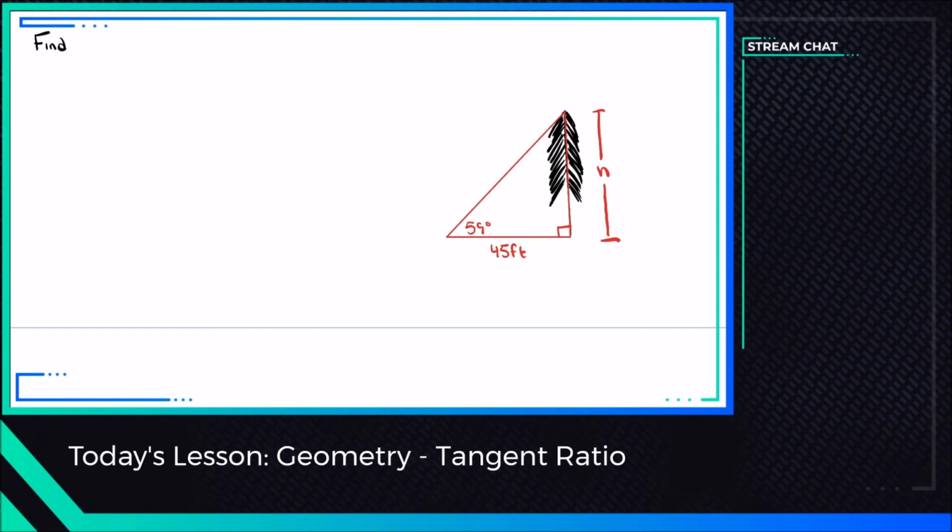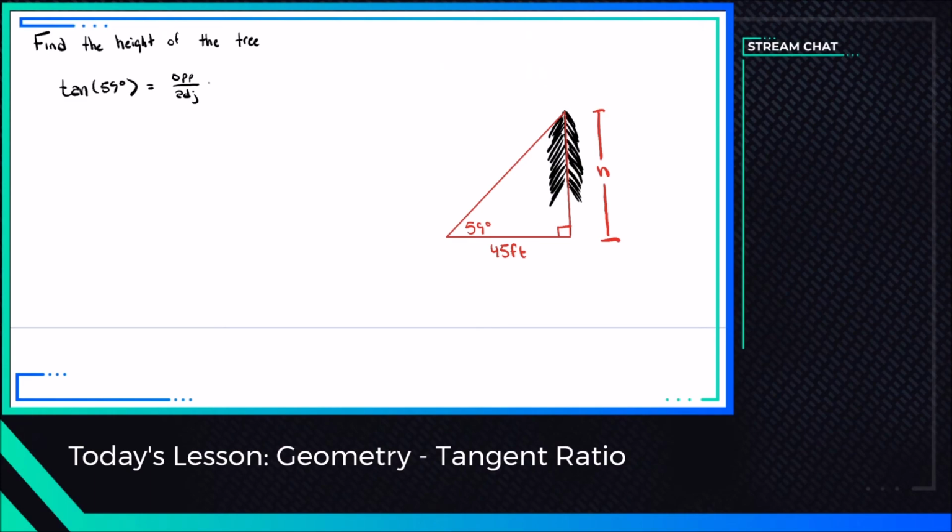So let's find the height of the tree. And so if we look at this angle, angle 59 degrees, the tangent of 59 degrees is going to be equal to the leg opposite over the leg that is adjacent.